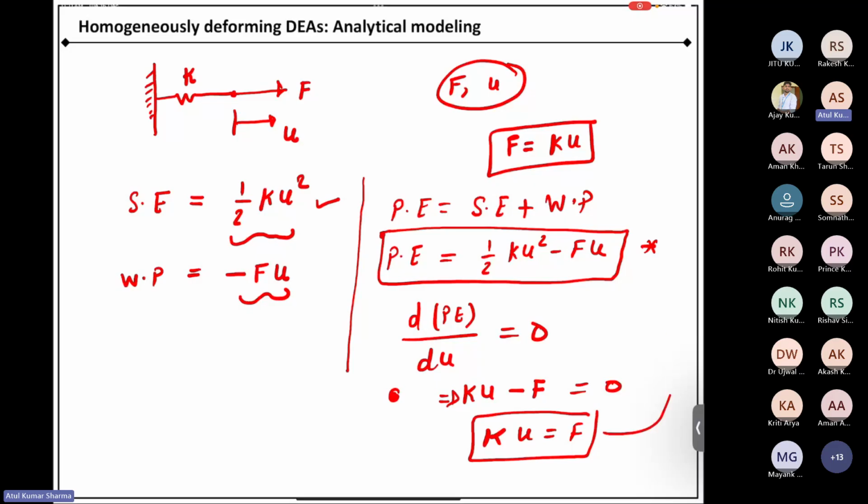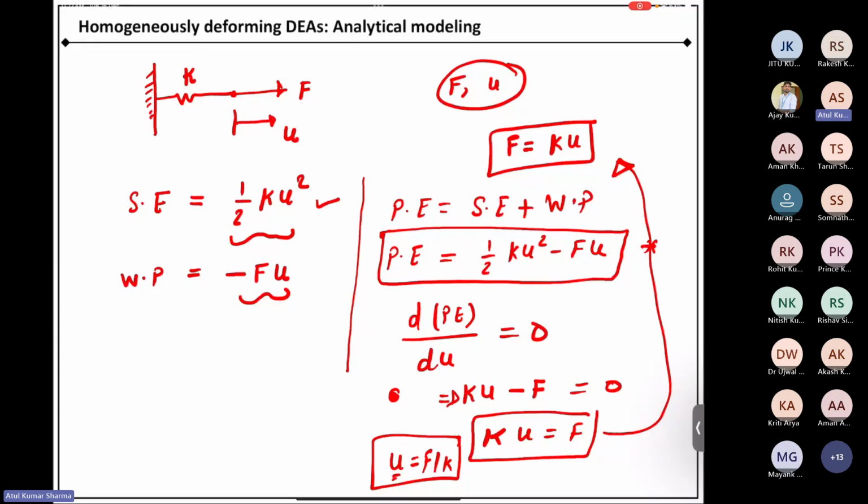This is the same expression that we know for this spring force system, but I said that it should correspond to the minimization of potential energy. Then we can say that the deformation state corresponds to the stable state, otherwise it corresponds to the unstable state. How do we check whether this u value, which is F upon k, corresponds to the maximization or minimization?